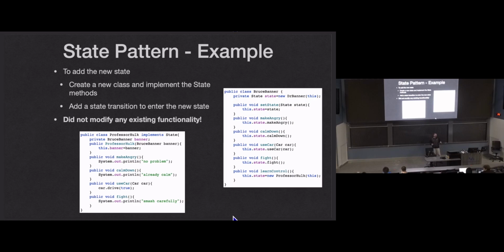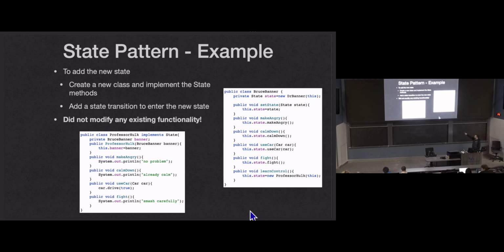How can we enter the Professor Hulk state? That's all we're asking. At what situations, which method calls and which states would we transition into the Professor Hulk state? That's the only thing we would ever change. And I put that all in the Bruce Banner class. So it's that easy to add a state. And whether you're adding your 3rd state or your 100th state, it's still just as easy.